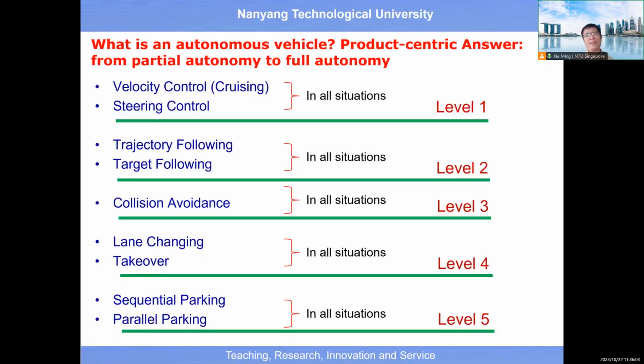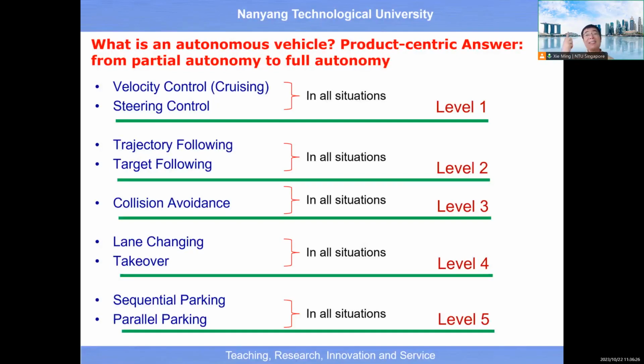For example, if this vehicle could achieve 100% control of velocity, 100% control of steering in all situations, then we can say that this vehicle achieves level 1 autonomy, right?